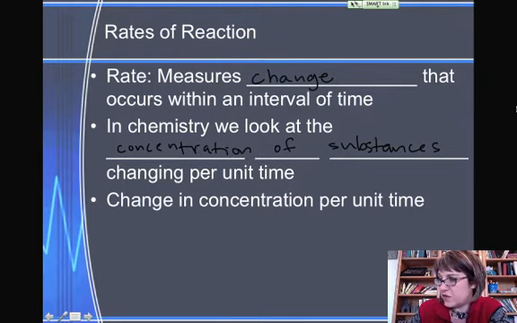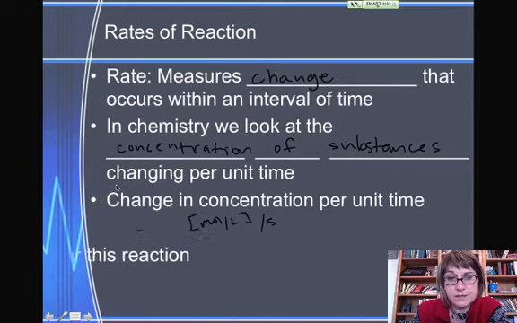So change in concentration per unit time we would express in units of moles per liter per second, right? Moles per liter is concentration, and our unit for time is seconds.